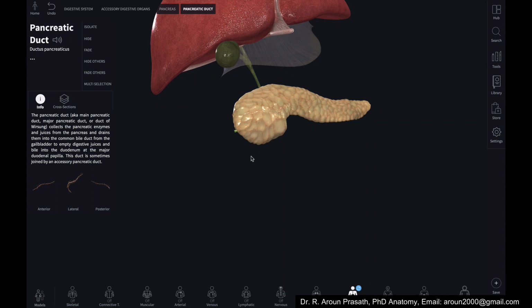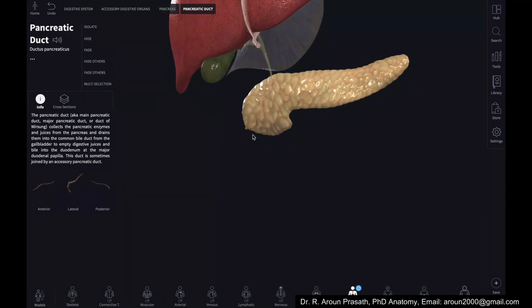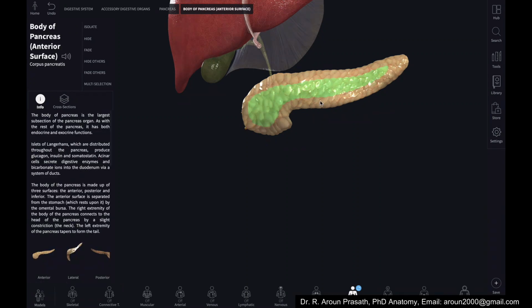These cells are scattered all over the pancreas, but in the body of the pancreas alone, there is more concentration of these endocrine cells.